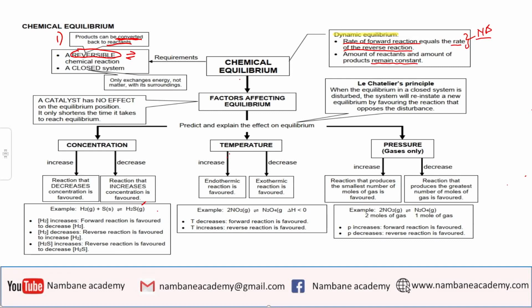We do not expect you to give a definition of dynamic equilibrium by focusing on the amount of reactants and the amount of products. We are interested in the rate of the forward reaction being equal to the rate of the reverse reaction.